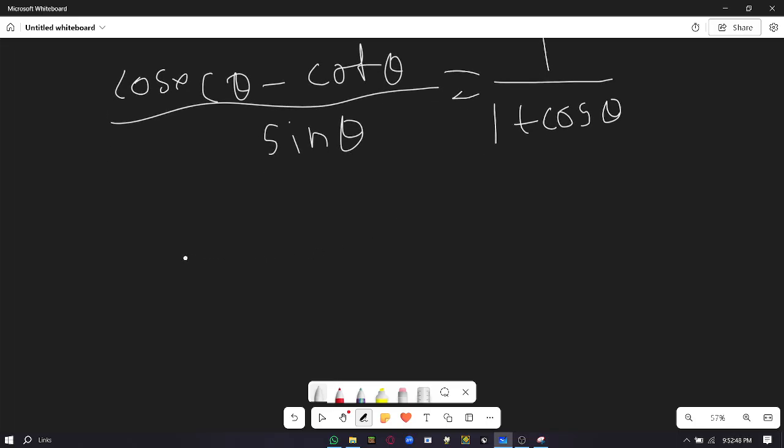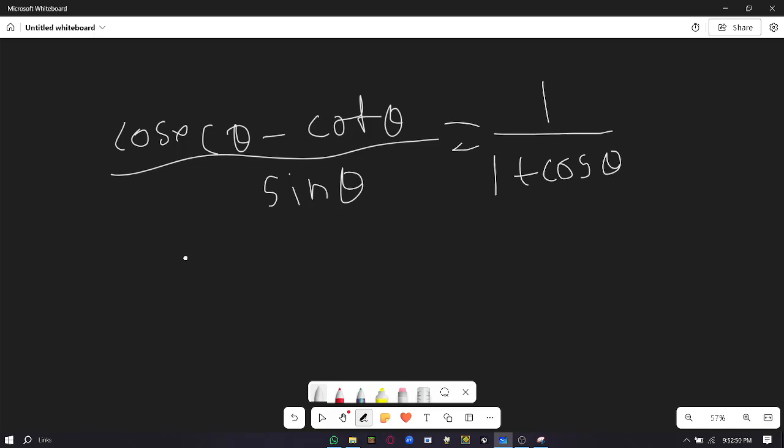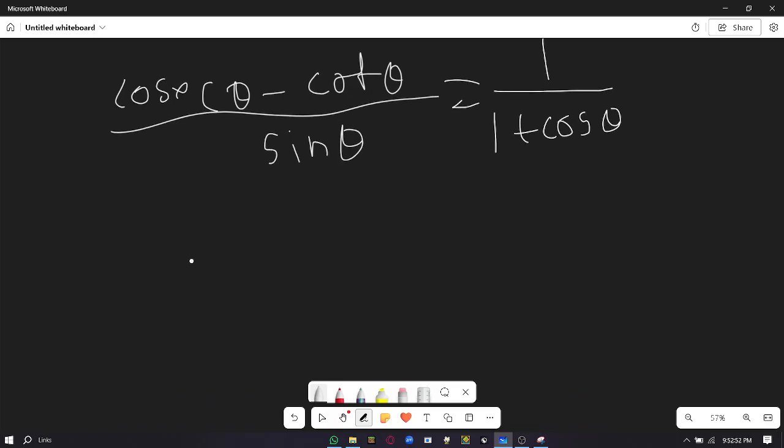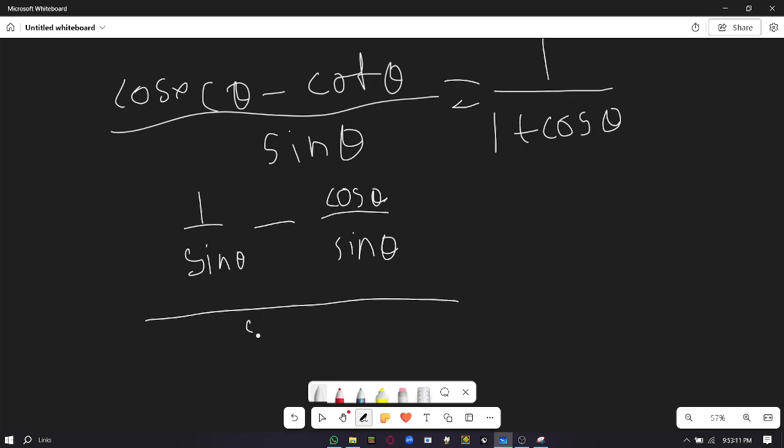Right, so again, we break stuff into simple forms. So we have this top one, cosecant. That is just 1 over sine theta minus cotangent. We can actually directly write this as cosine theta by sine theta, divided by sine theta.